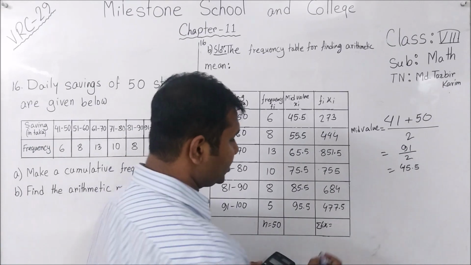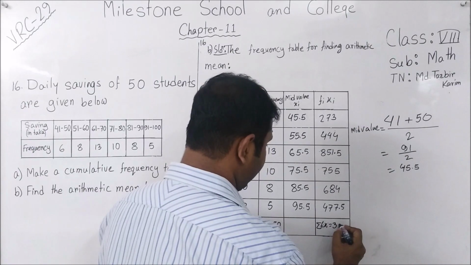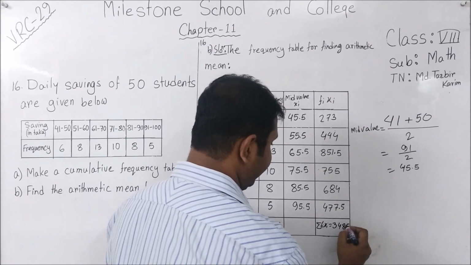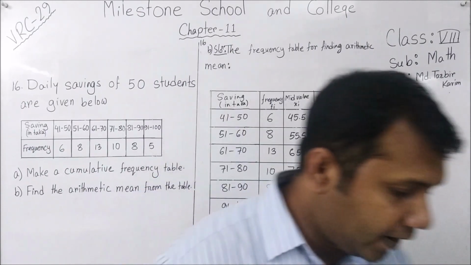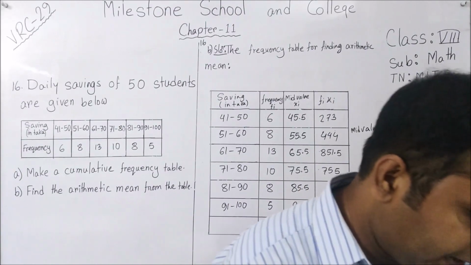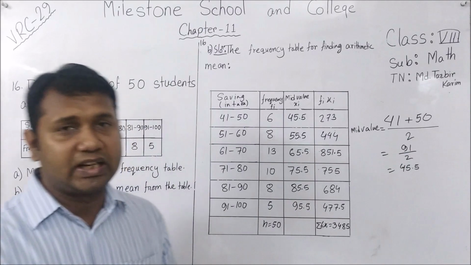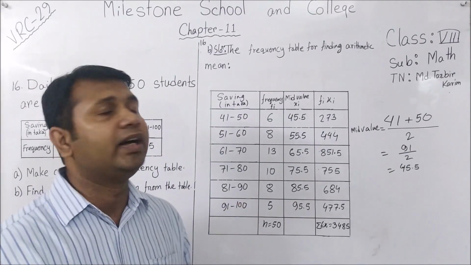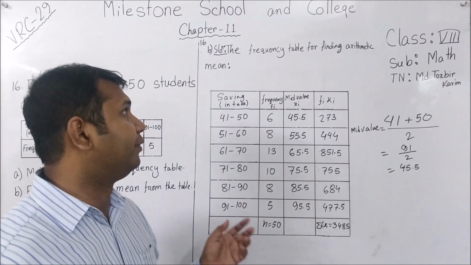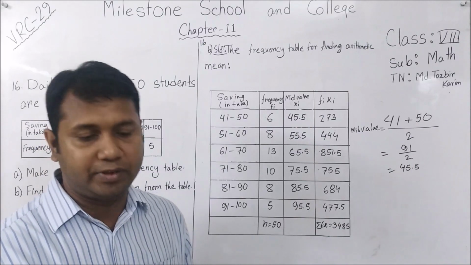So we will get a total of 3,485. That is our summation of fixi. So I think you understand how we make the frequency table for finding the arithmetic mean.